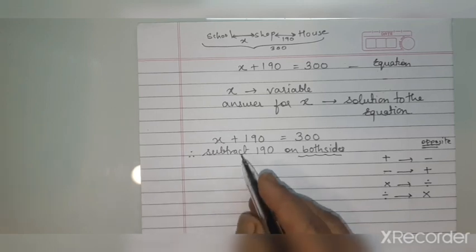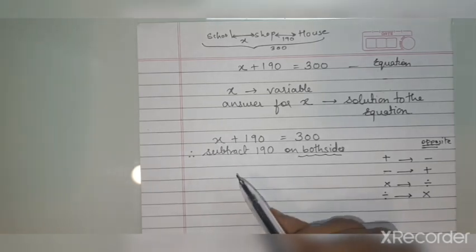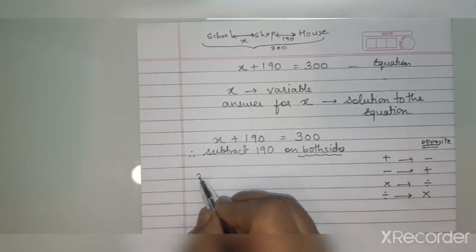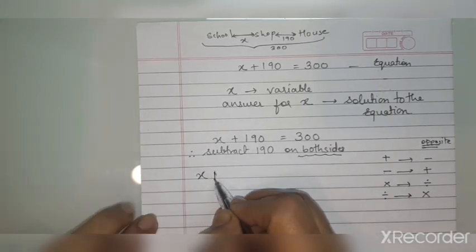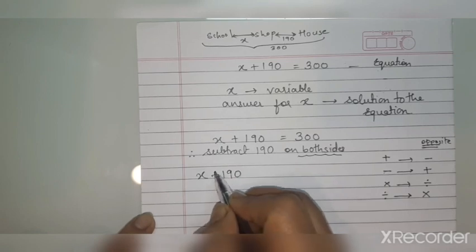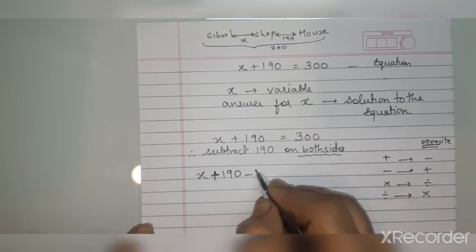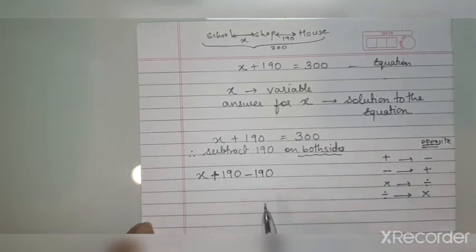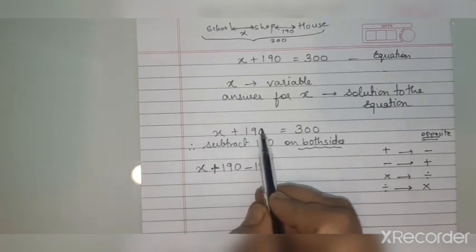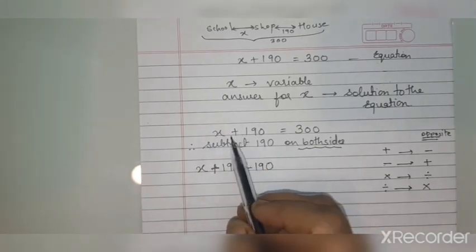For example, since we have to solve, we take the opposite operation. Instead of plus 190, the opposite will be minus 190. First we have to write what is there in the left hand side.